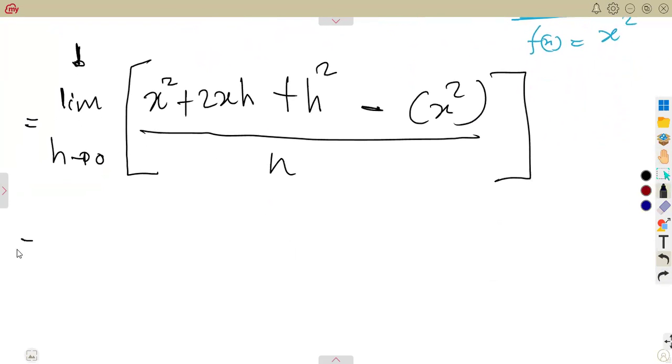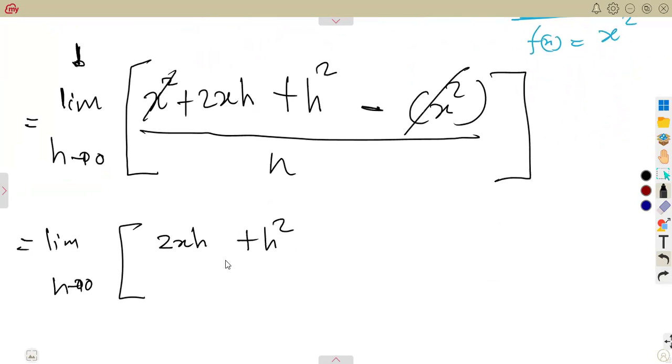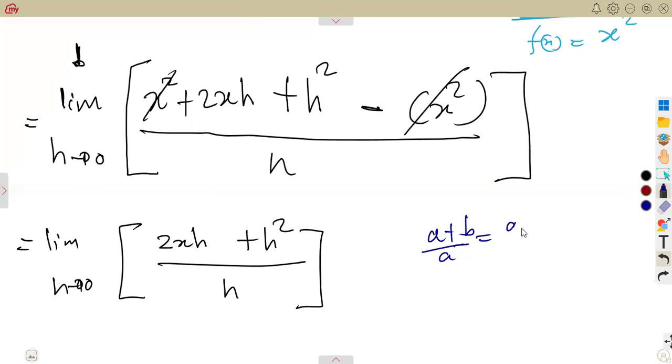All right. The limit as h is approaching 0, you're going to substitute here. As you can see, there are some terms to be considered, x squared minus x squared there. That will cancel, and you've got something like this, everything over h. I explained that (a + b) over c is the same as a over c plus b over c.